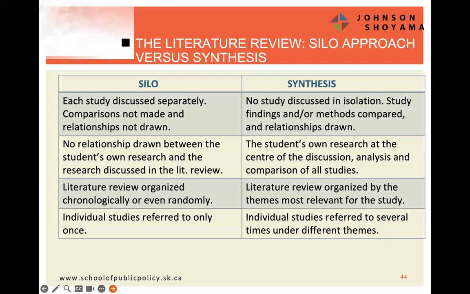In the silo approach, the individual studies are referred to only once, but in the synthesis approach, and this is perfectly okay, individual studies are referred to multiple times under different sub-themes. That too plays a very important role.